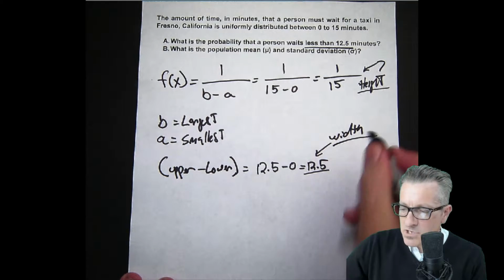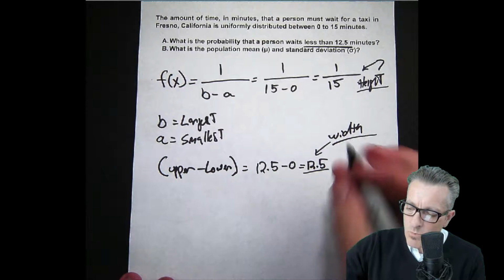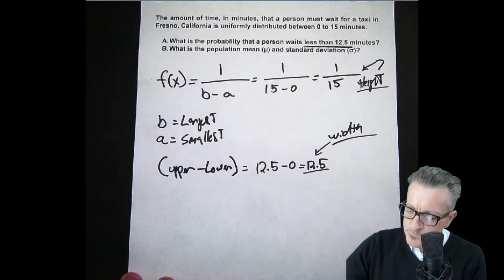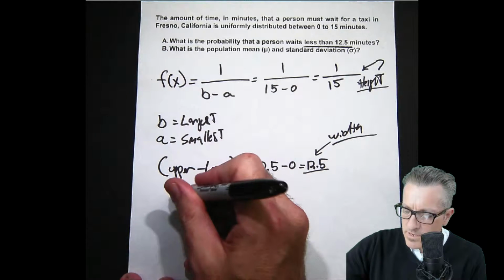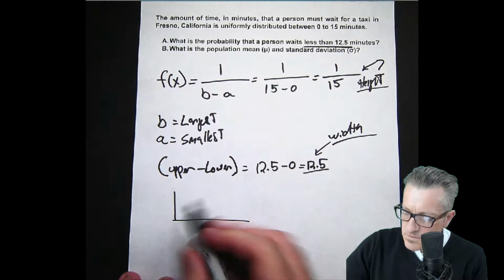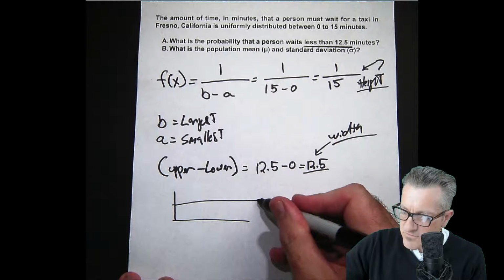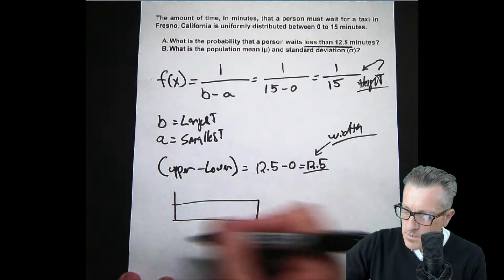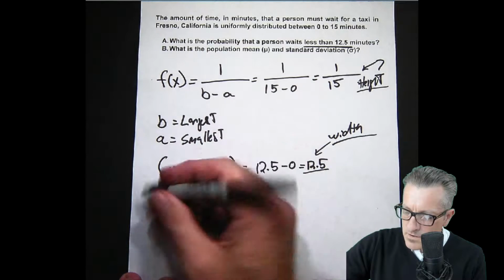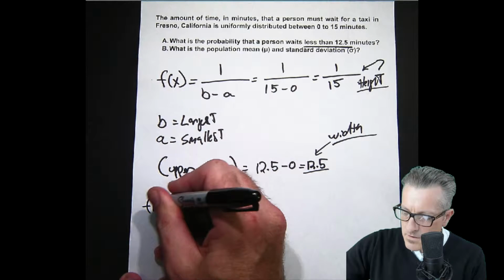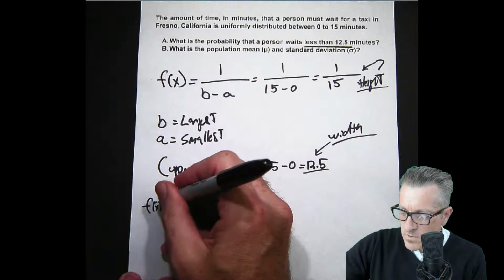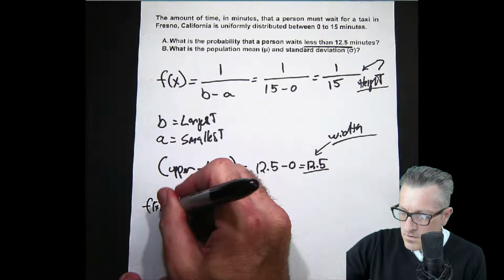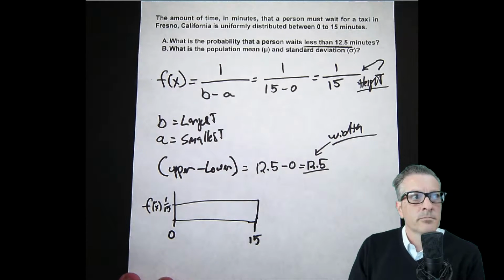To find the actual probability, we have the width and the height. I'm going to draw this out real quick. This is what it looks like before we solve it. This would be 15, this would be 0, and the height would be 1 over 15.